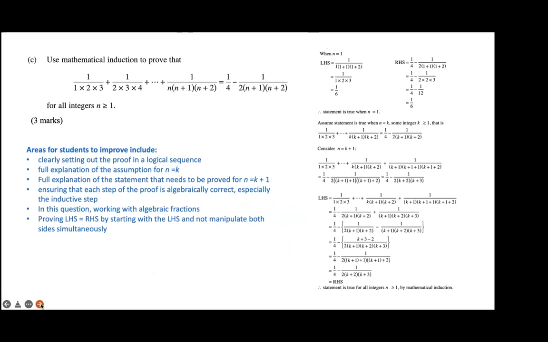With a few exceptions, students could verify the statement for n equals 1, state the assumption for n equals k, and state what needed to be proved for n equals k plus 1. Problems occurred from this point on, when they were using the assumption to prove n equals k plus 1. The main barrier was the inability to work with algebraic fractions, with the minus sign before the first algebraic fraction causing problems with their signs.